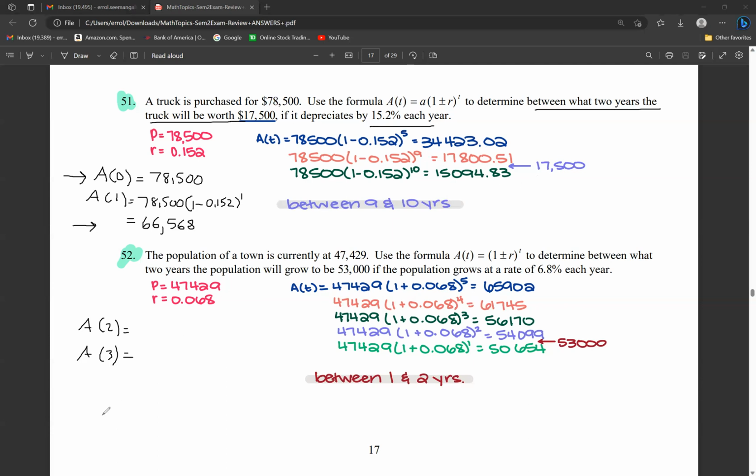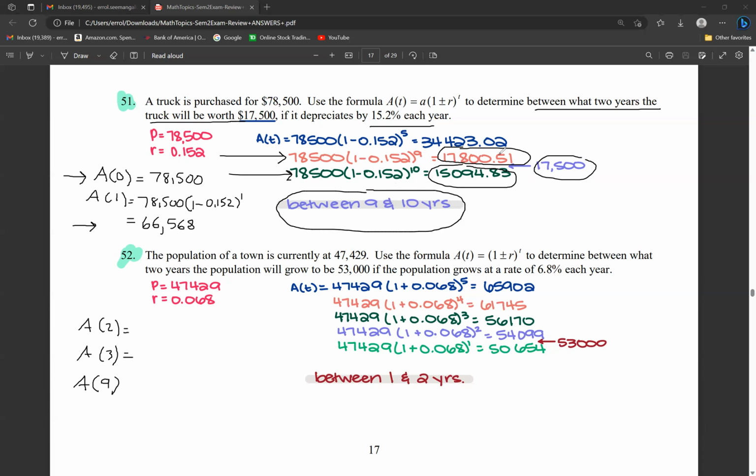So basically, if you find all these A's, you'll get A9, which is this one right here. A9 is worth 17.8. A10, this one right here, is worth 15,000. So that's why she's saying 17.5 is between year 9 and year 10.